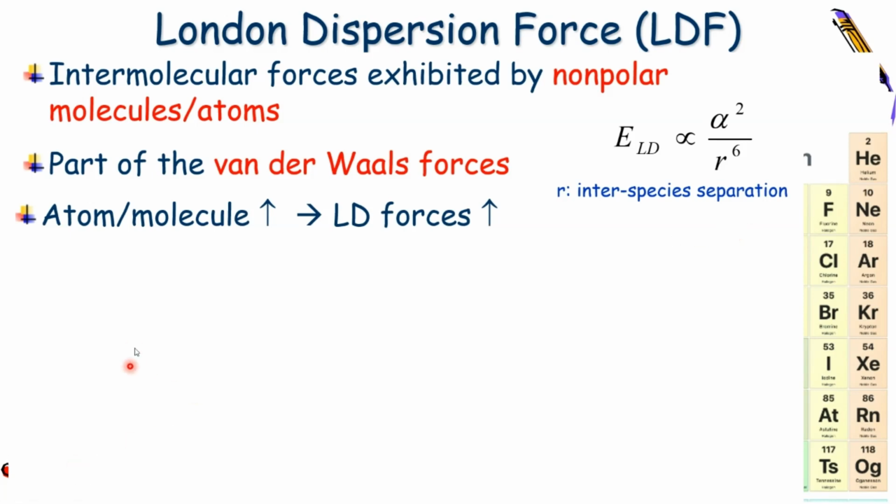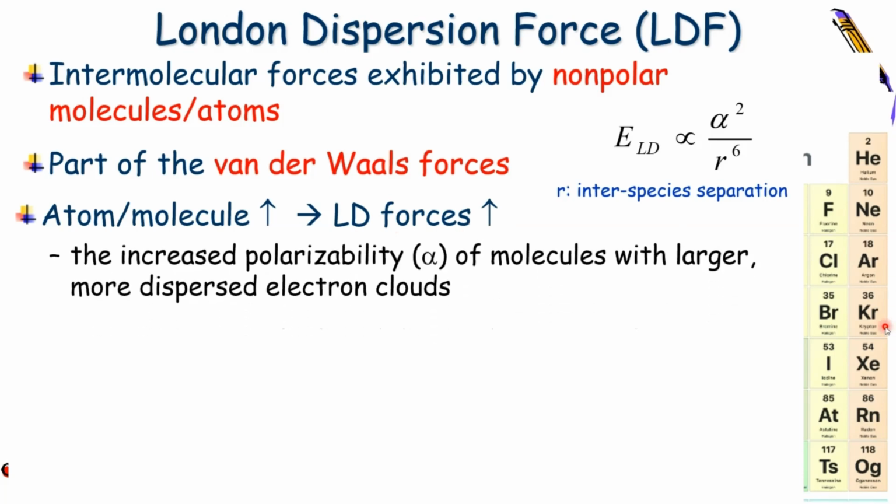So if the atom or molecule size is large, the London dispersion force will be high. So there is increased polarizability of molecules with large and more dispersed electron clouds.